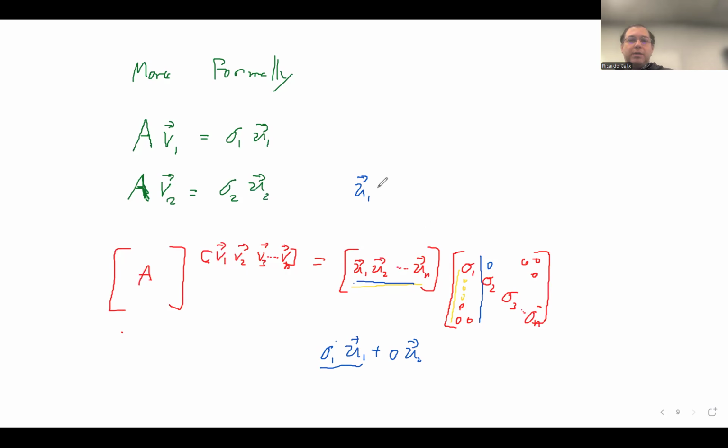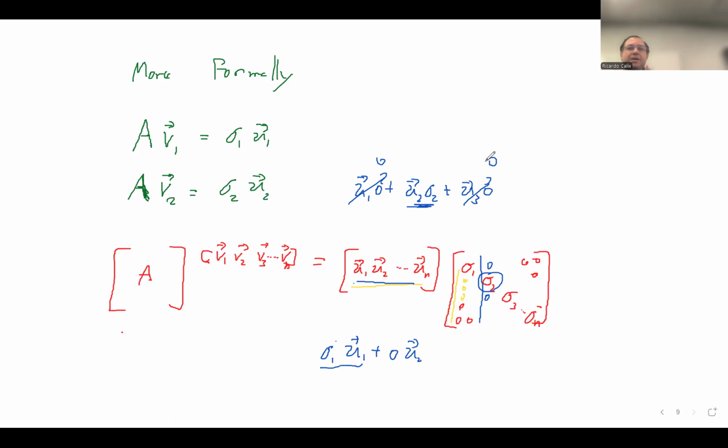So U1 times 0 plus U2 times O2, the corresponding value. Do you see that? And then we do U3, let's say, times what? 0. So you can see that only this one stays and the other ones become 0. So this is perfectly correct.